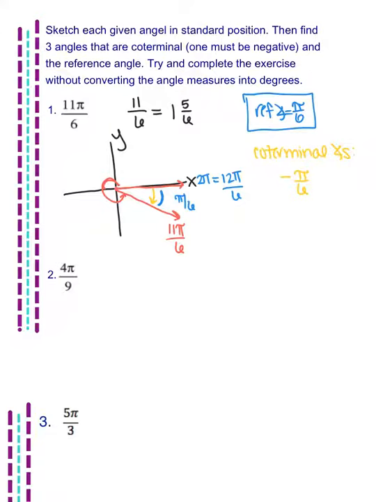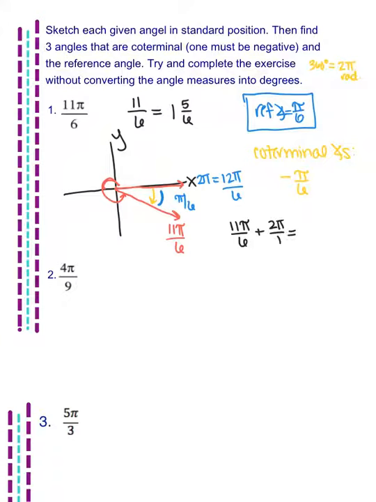Now, remember when we were working in degrees, we added or subtracted 360 degrees to find coterminal angles. Well, since 360 degrees is equal to 2 pi radians, I can add or subtract 2 pi radians to the initial radian measure, and that's going to get me even more coterminal angles. So let's take a look. Let's do 11 pi over 6 plus 2 pi units.